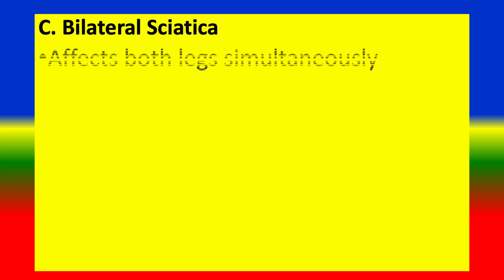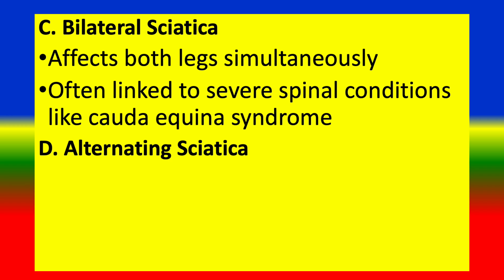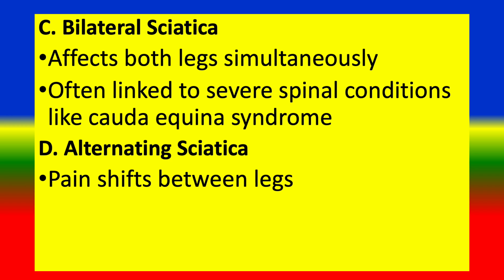C. Bilateral sciatica affects both legs simultaneously, often linked to severe spinal conditions like cauda equina syndrome.